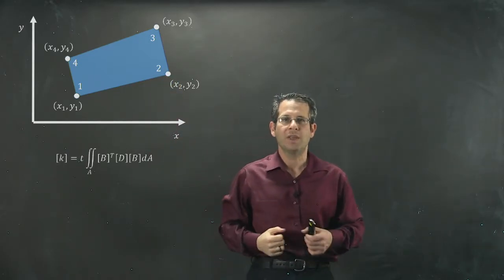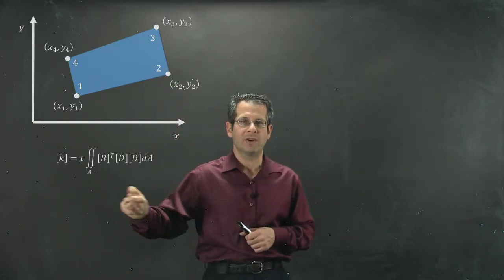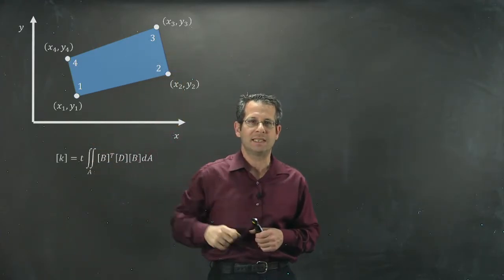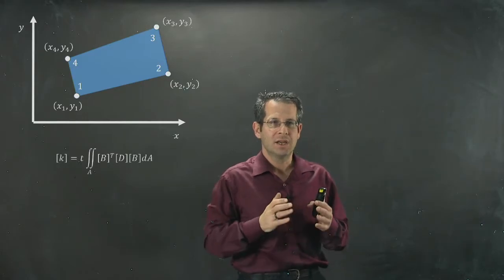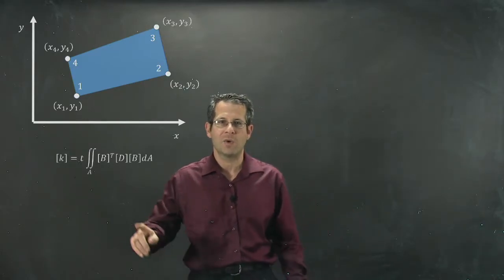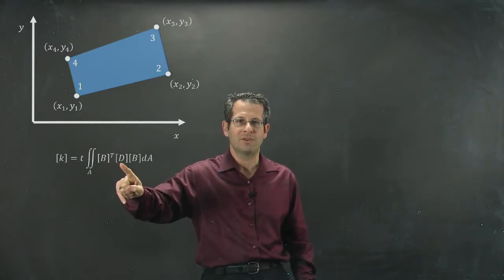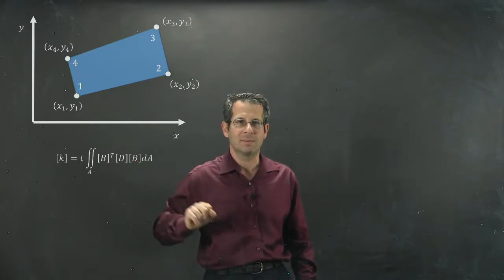In order to do that, we need to solve this area integral, integrating over the area of this element existing in XY space. To do that, we first need to evaluate the result of multiplying the transpose of the B matrix times the D matrix times the B matrix.